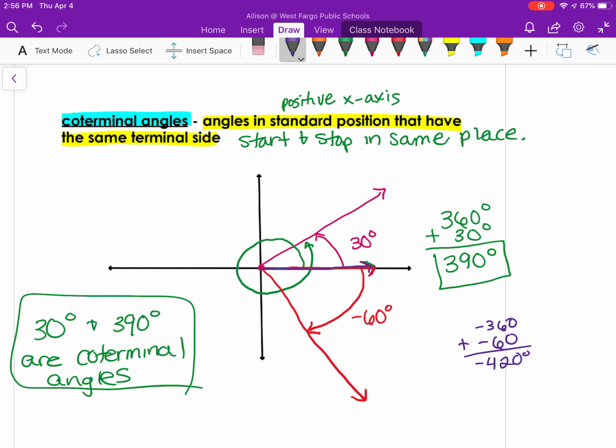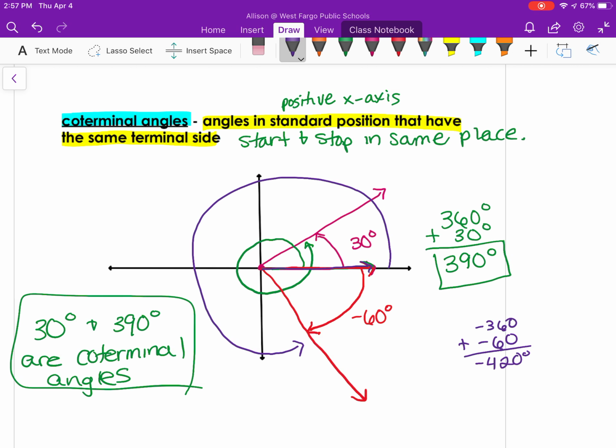Or I could start at the positive x-axis and go around counterclockwise and end up here. So I went all the way around, minus 60 degrees.